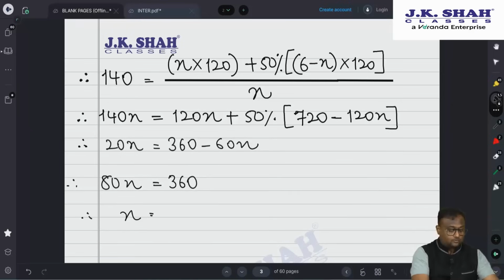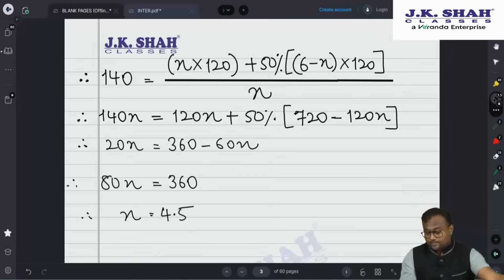So x is equal to 4.5. That means the calculation says that if you want to maintain the same effective rate, you have to get things completed in 4.5 hours.